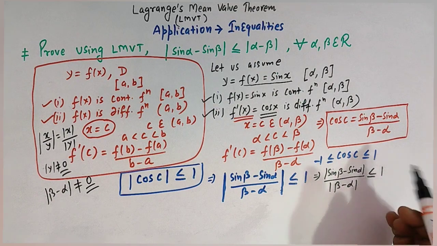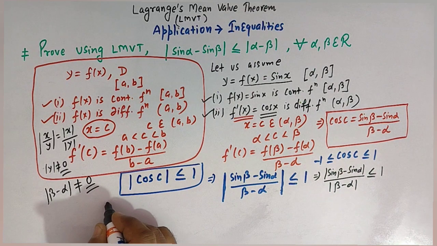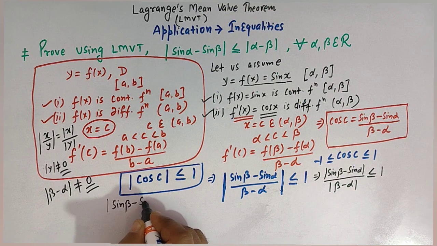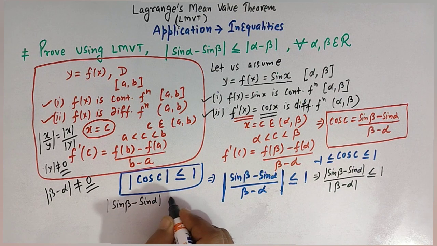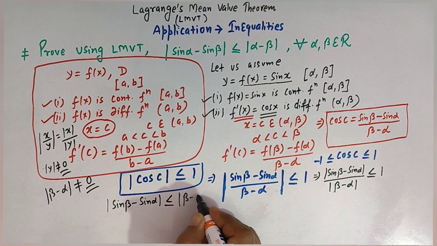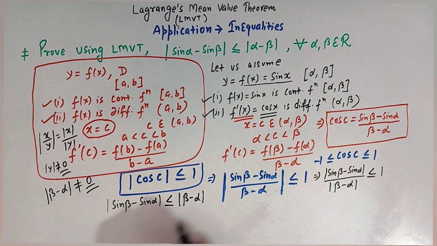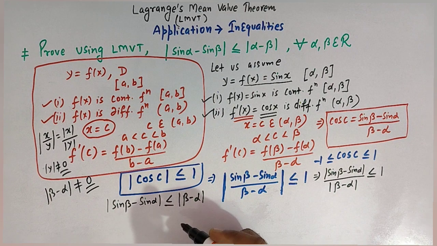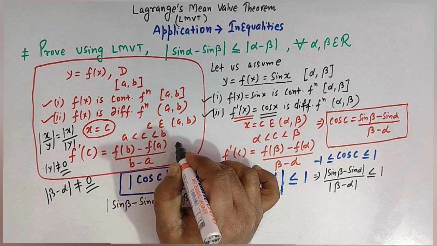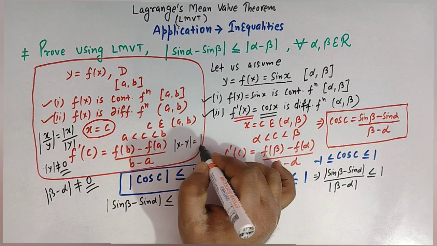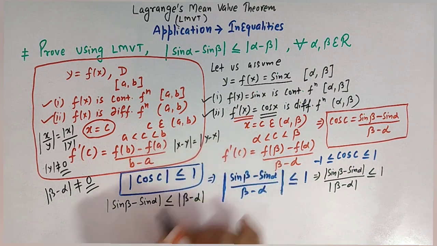So now we can take it to this side. So we can now write mod of sine beta minus sine alpha is less than or equal to mod of beta minus alpha, right? And again we can use the property of mod function, that is mod of x minus y is equal to mod of y minus x, right?